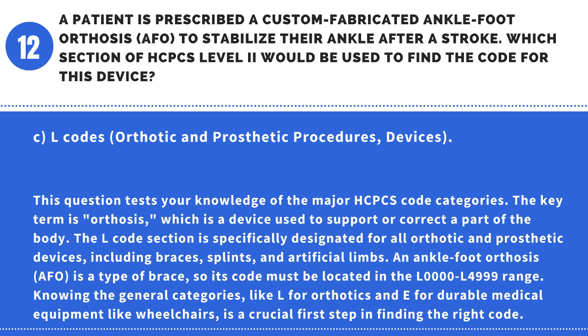An ankle-foot orthosis, AFO, is a type of brace, so its code must be located in the L0000 to L4999 range. Knowing the general categories, like L for orthotics and E for durable medical equipment like wheelchairs, is a crucial first step in finding the right code.